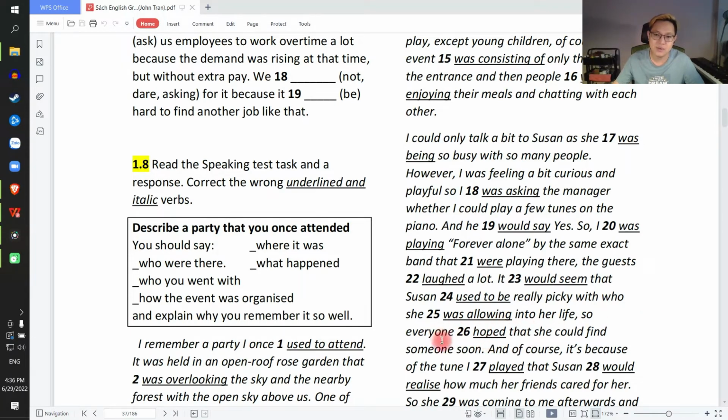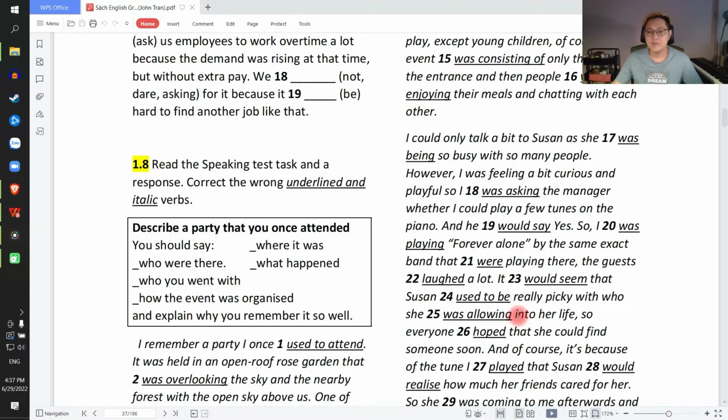So everyone, number 26 is correct. 26 đúng. So everyone hoped that she could find someone soon. Mọi người đều hy vọng rằng cô sẽ kiếm được ai đó sớm thôi. This is a long-term situation that is no longer true because she could now find someone. Nó nói về một cái tình huống lâu dài mà bây giờ không còn đúng nữa rồi, tại vì đây là lễ cưới mà.